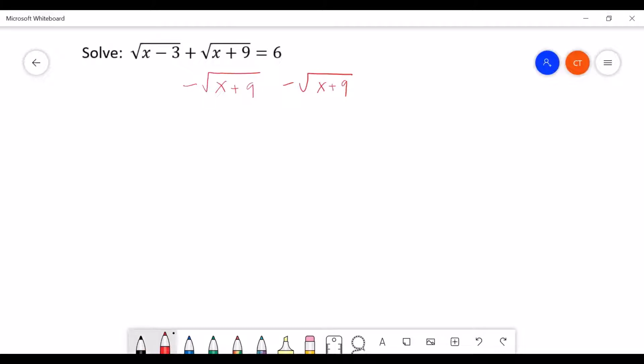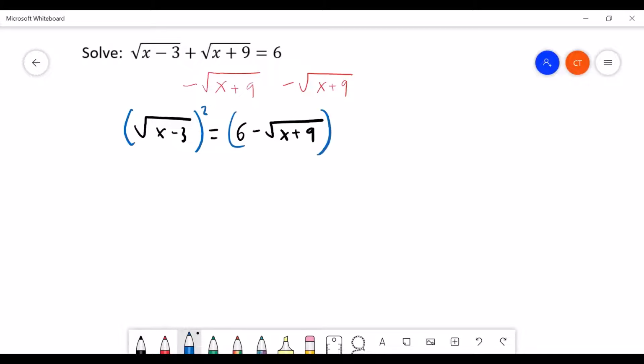That means you will have the square root of x minus 3 equals 6 minus the square root of x plus 9. And now that our square root is by itself on the left side, we want to square both sides to get rid of the square root.